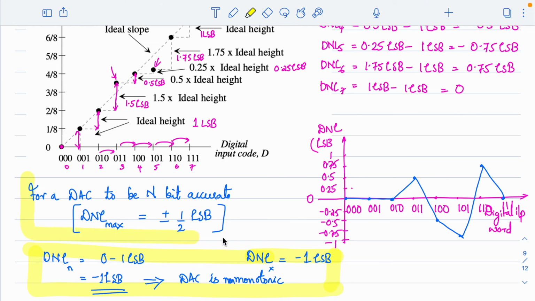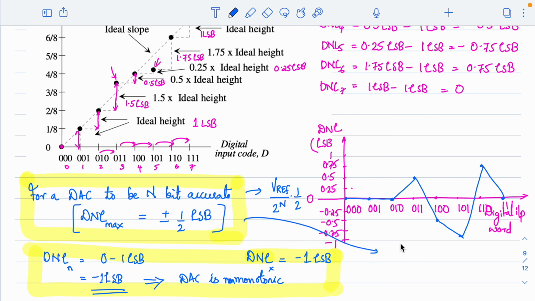And this is also important, the maximum DNL allowed in a DAC is around plus or minus half of LSB. We know that 1 LSB value is Vref divided by 2 to the power of n, right? Now when this is half of LSB, this will be multiplied by 1 by 2, right?